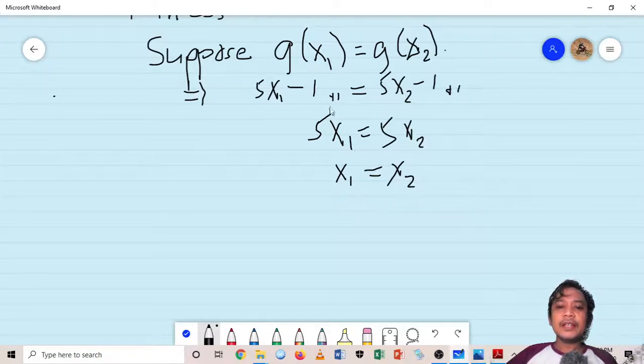So we see that if it so happens that g of x sub 1 is equal to g of x sub 2, it would follow that x sub 1 equals x sub 2. Therefore, we say that g is 1 to 1. Okay?